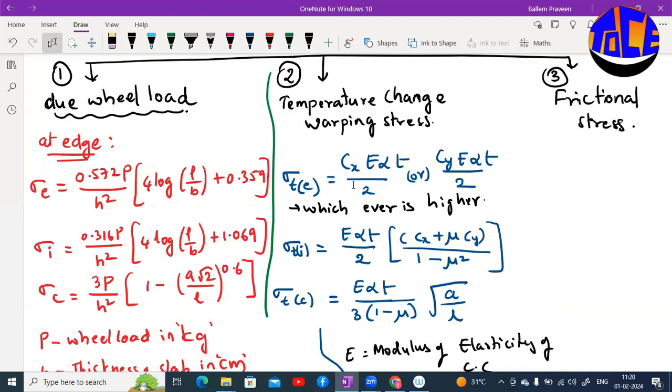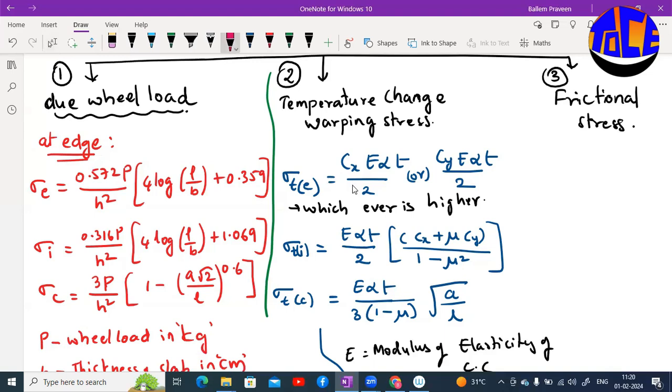Right, now let us see the stress due to friction between the lower portion of the slab and the upper layer of the subgrade. Because of the temperature variation, expansion and contraction will happen. Because of this movement, some frictional stresses are developed at the contact between the subgrade and the cement concrete slab.